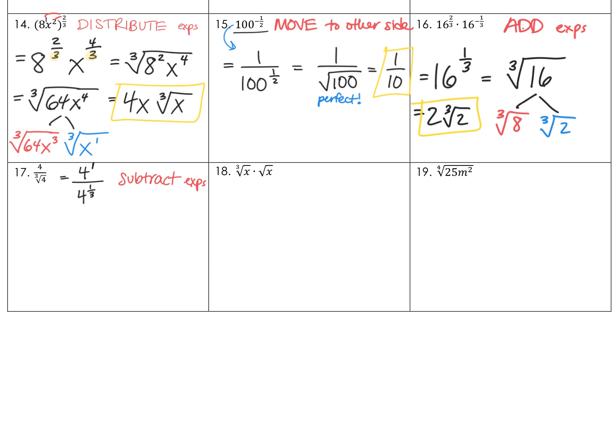So 1 minus 1/3 gives me 2/3. You can use your calculator whenever you need to, but that's some quick math, okay? And let's convert it. That is the cube root of 4 squared, which you know the 4 squared is what number? 16.